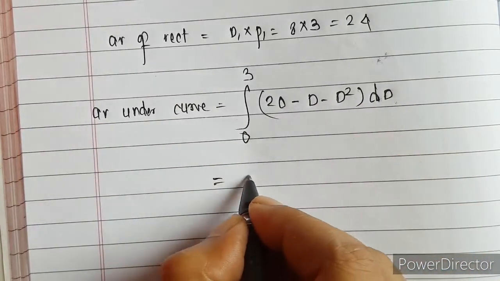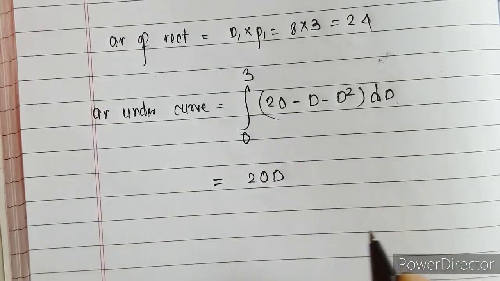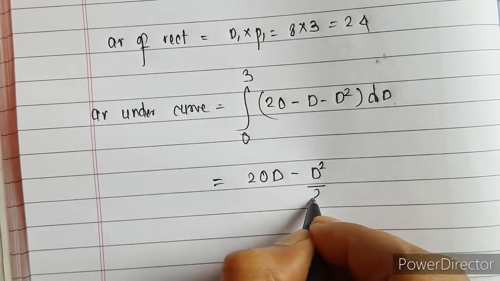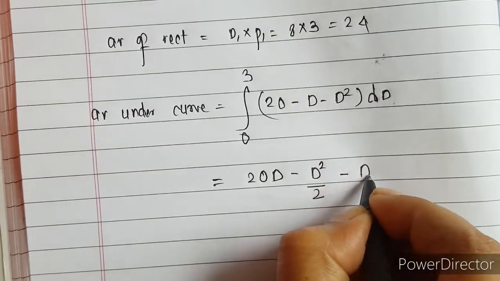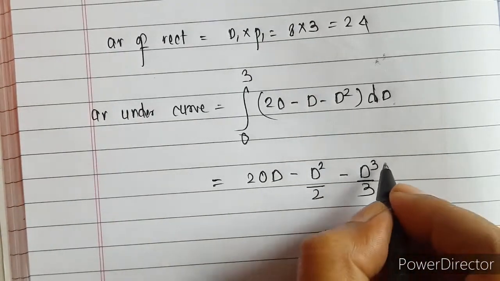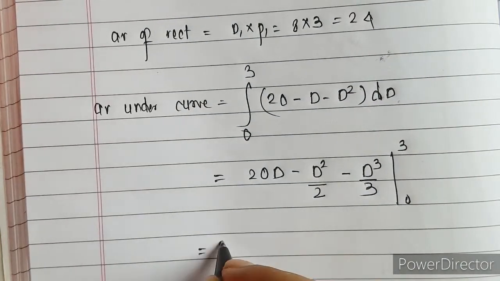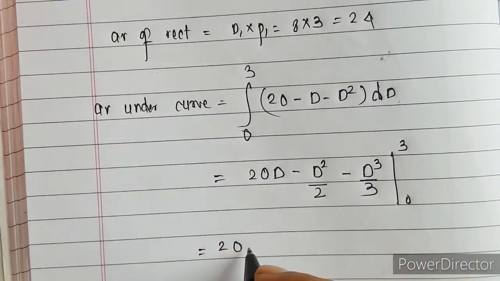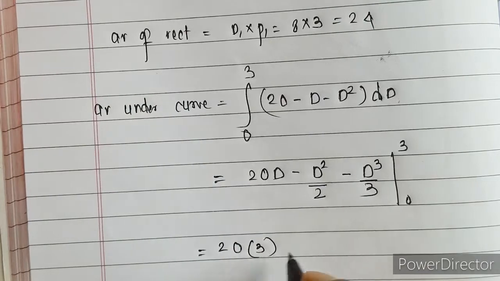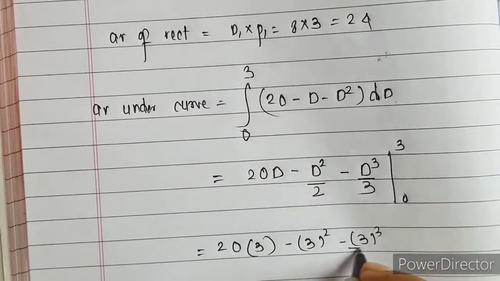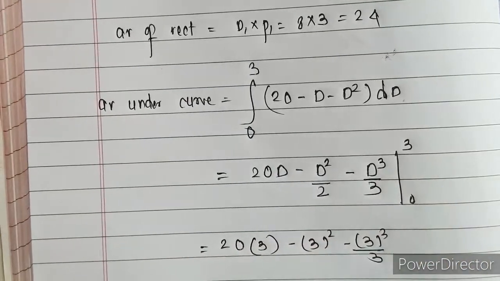Integral of 20 is 20 into d, minus the integral of d square, which is d cube by 3, from 0 to 3. Substituting, this is 20 into 3 minus 3 cube by 3, and after substituting 0 it is 0.